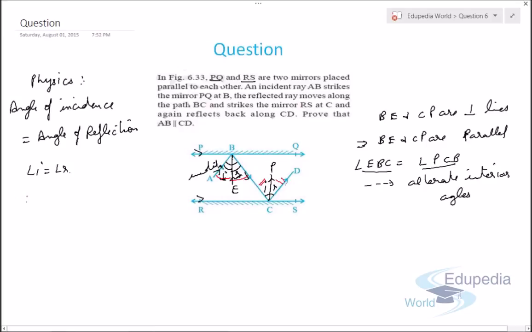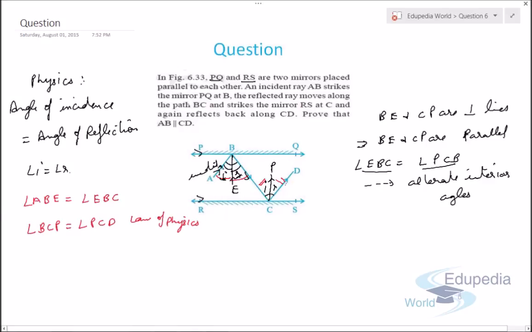So we can say that angle ABE will be equal to angle EBC, and angle BCP will be equal to angle PCD. So we can clearly write that, according to the law of physics, the angle of incidence equals the angle of reflection.